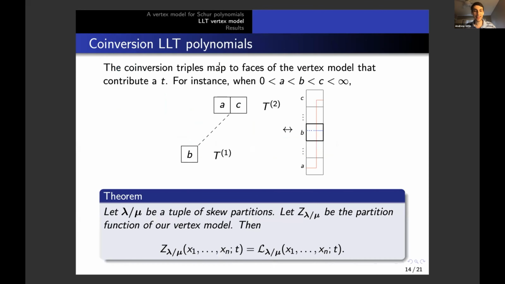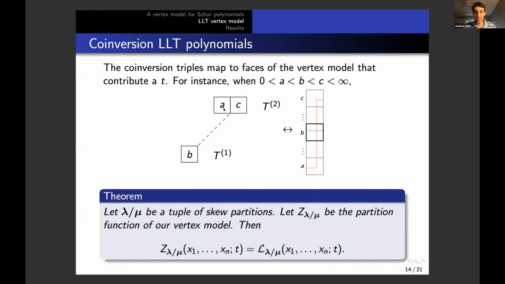Okay, so I claim that the partition function for this vertex model is exactly the co-inversion LLT polynomial. And the way to see that is that co-inversion triples are in bijection with things that would give me a power of t in the vertex model. Namely, if I have a co-inversion triple A, B, C, well, that means that AC appears in some shape.